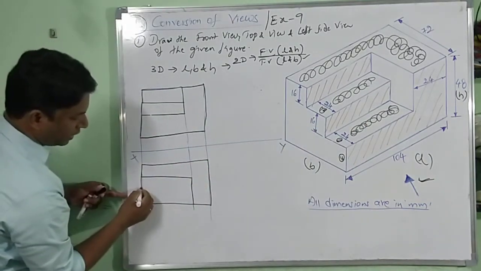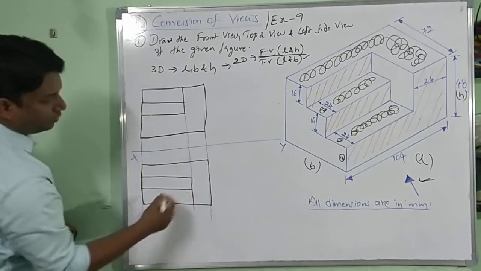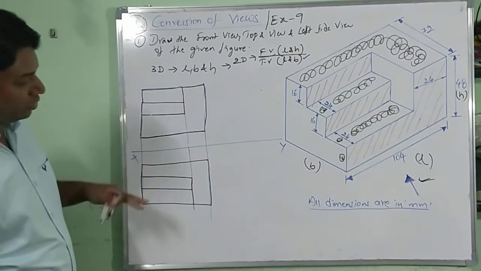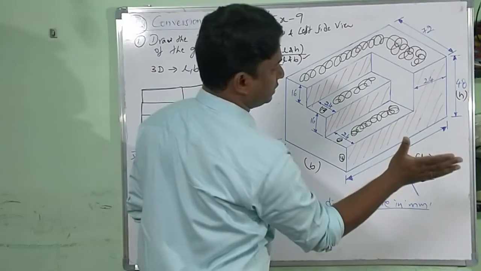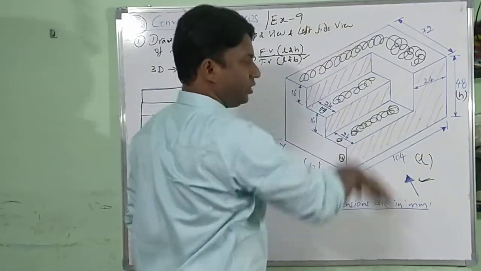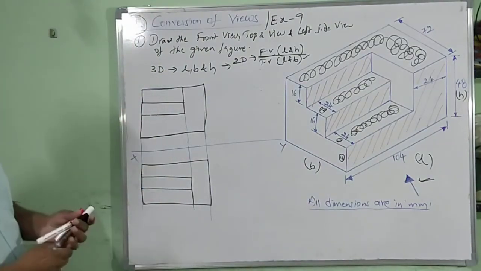Now from here again at a 24 distance, one more line. From again at a distance of 24, one more line. See, now think here, it's almost like mirror. Why? Because the dimension object is like this. When you are looking from this side, it is climbing up. When you are looking from the top, we are climbing down. This is front view and this is top view.